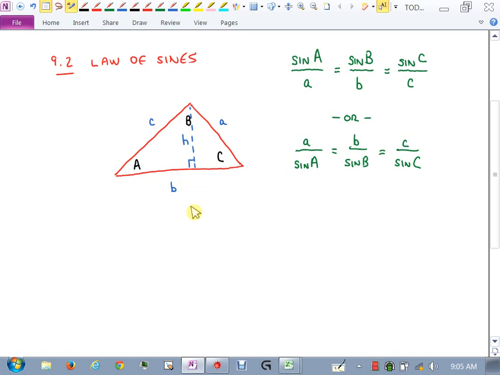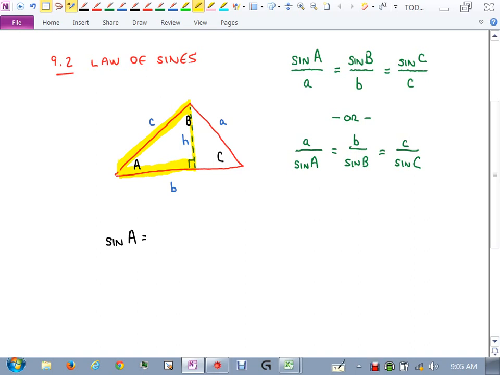Okay, now let's set up some relationships here. What is sine of A? According to this triangle, what's sine of A? The definition of sine on a right triangle: if I have a right triangle right here, what is sine of A?